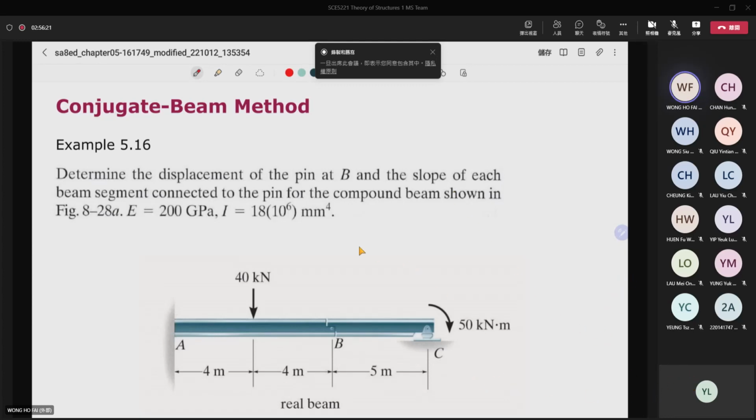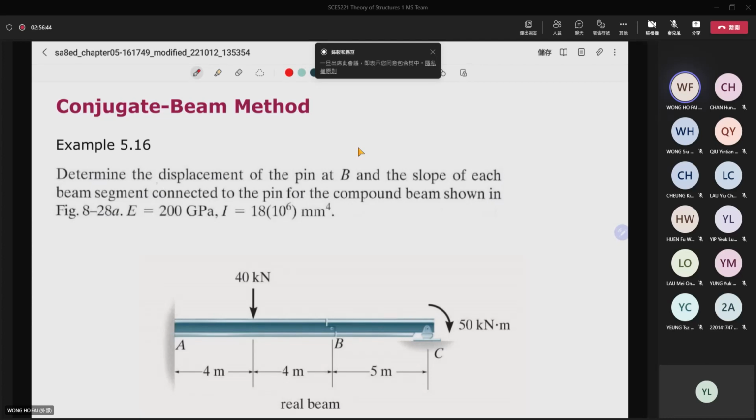And then here we come to our last example tonight. So right here you can see that there's a compound beam here, and it's subjected to a point load of 40 kN, and then the moment is equal to 50 kNm. So we want to find two things.